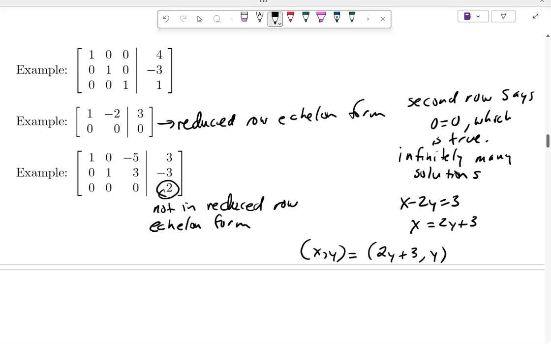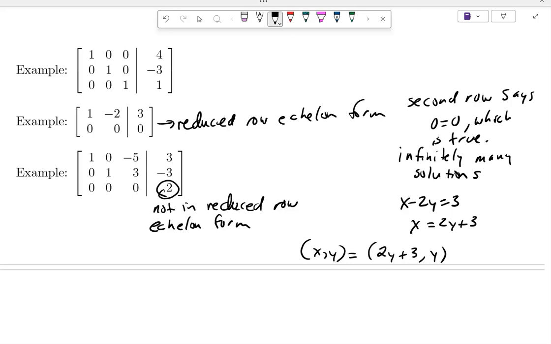Yep. Is it a stair step to the right? Yep. Are there zeros above and below the leading ones? Yeah. So if I just look at this first 3 by 3 part, that is in reduced row echelon form. In any event, the whole goal is to be able to read off the solutions.